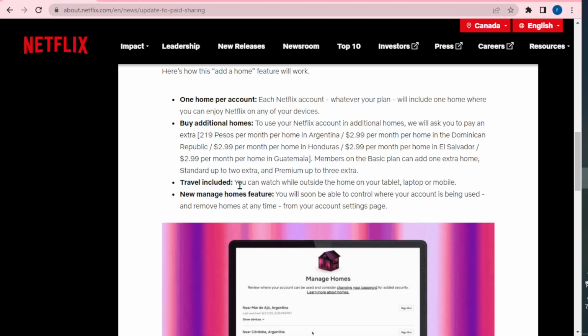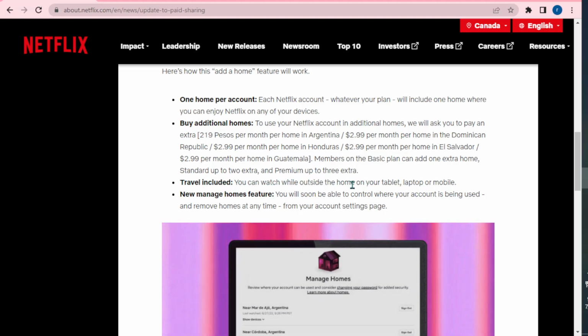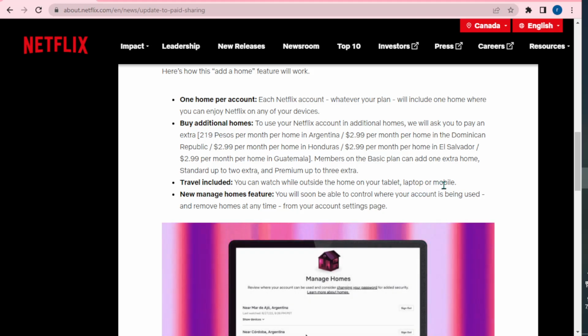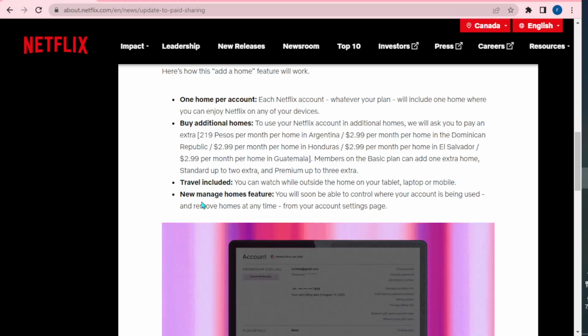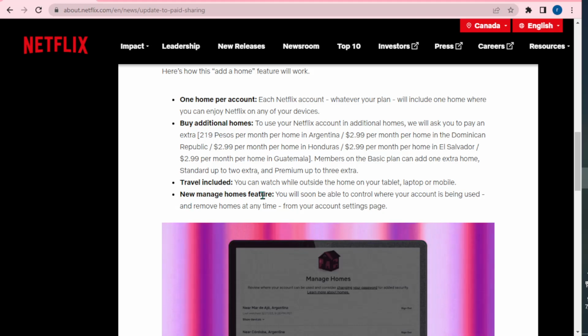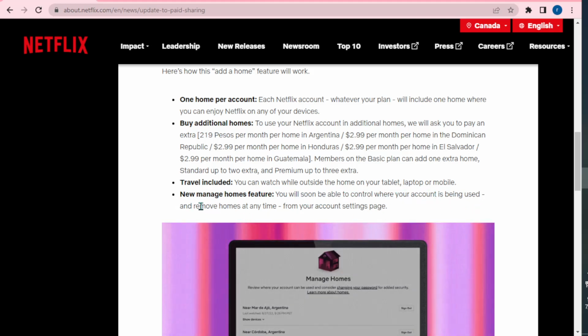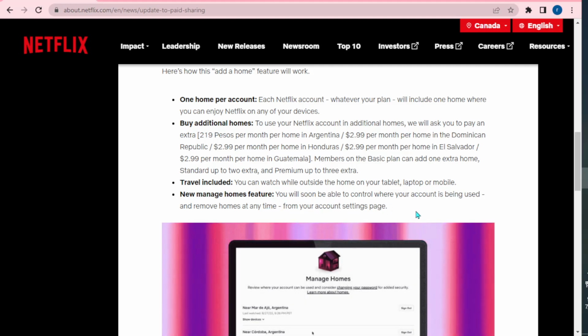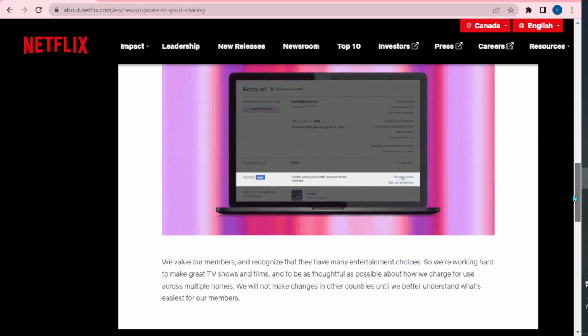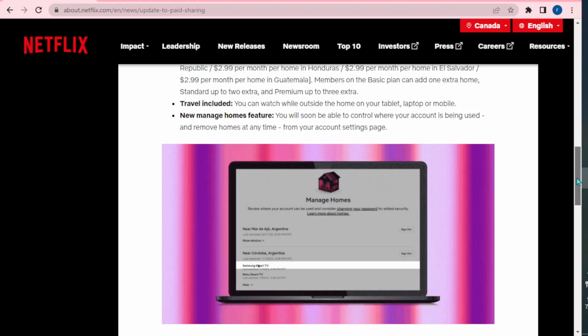So now they say travel is included. You can watch while outside the home on your tablet, laptop, or mobile. And it says new manage home features. You will soon be able to control where your account is being used and remove homes at any time from your account settings page. So that's basically all the information they gave us about that.